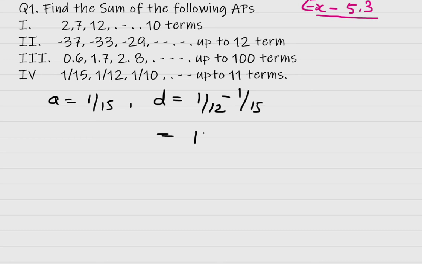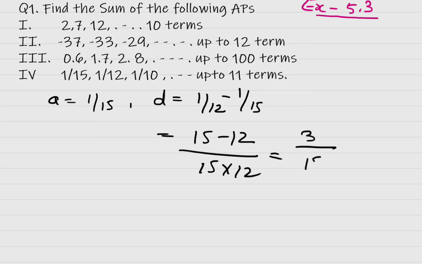So that will be equal to 15 minus 12 by 15 into 12. So 15 minus 12 is 3, 3 by 15 into 12. So 3 fives are 15. So your D is 1 by 60. D is coming to be 1 by 60.